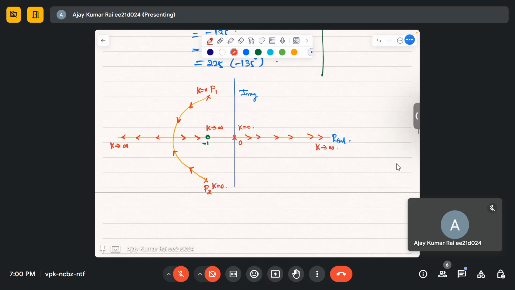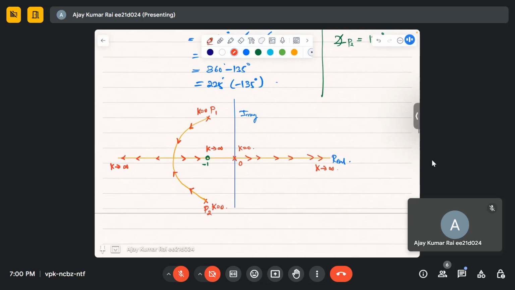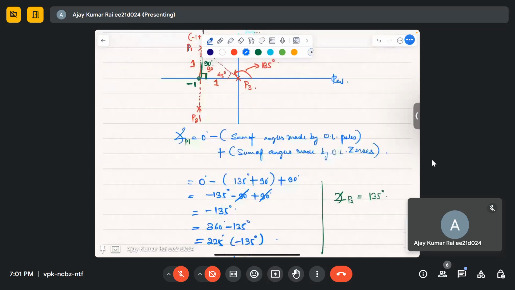We have seen in which area on the real axis the root locus exists or not, so this will be the root locus. The angle of departure I was talking about: this is 135, this is minus 135, and this is plus 135. This point was minus 1.65, and the value of k at this point is minus, what did we calculate, 3.65.